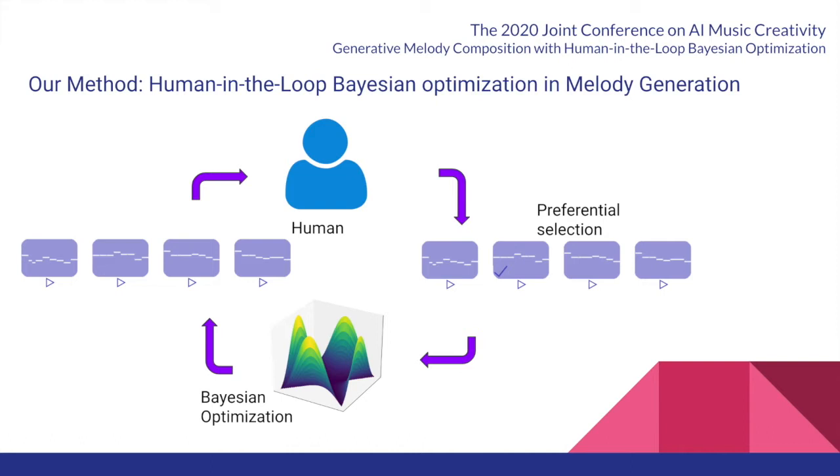Here, our problem is the same as in the projects mentioned. Human preference is expensive to query. We also apply human-in-the-loop Bayesian optimization in our project. Our system iteratively asks the user to compare multiple melody candidates sampled from a one-dimensional subspace and to select the preferred one.